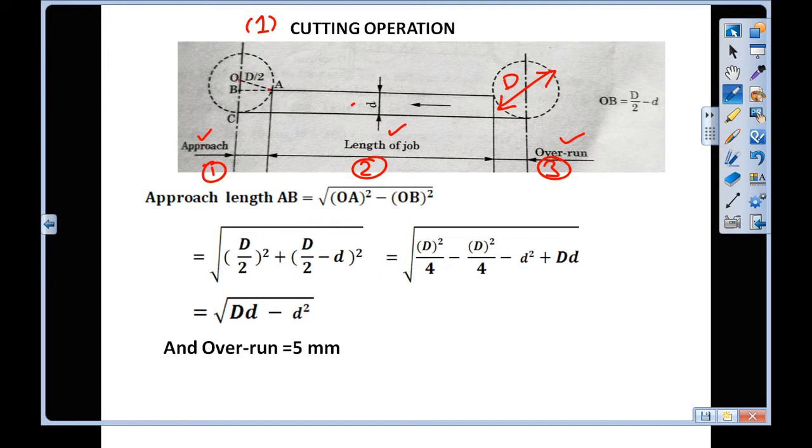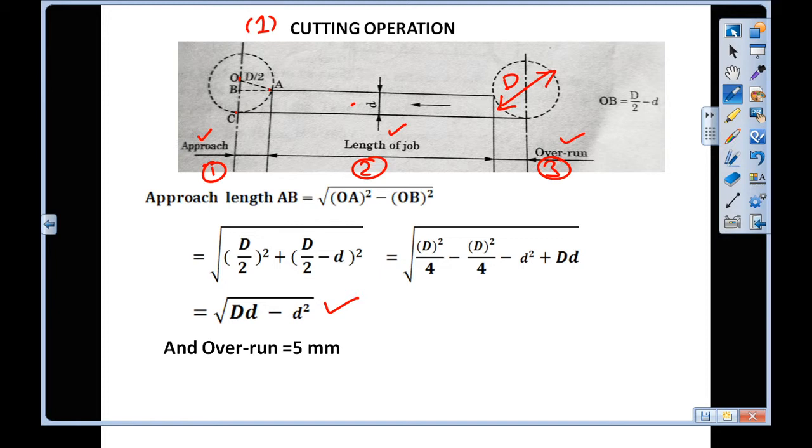We put the value OA is equal to D by 2, that is half the diameter of the cutter, and OB is D by 2 minus D. This one is D. So we put the values and simply calculate the approach length as square root of BD minus BD square.